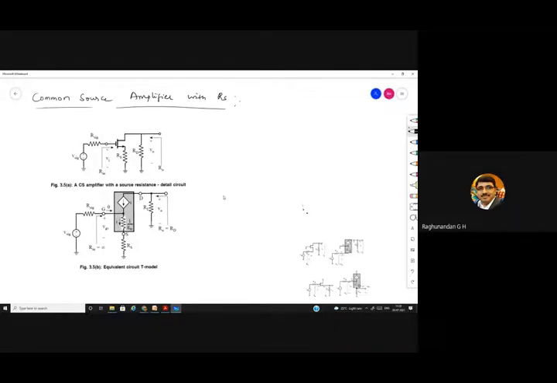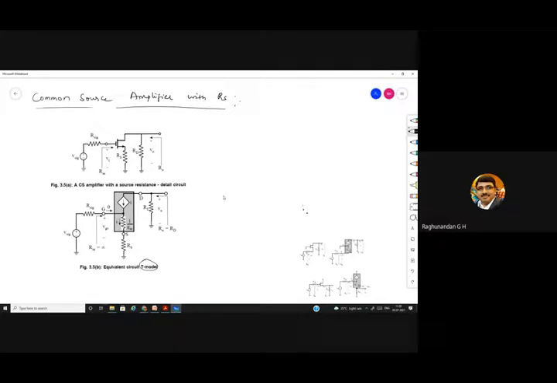When we consider the source resistance, we will be getting a circuit like this. You can see that this and this look like a T, so it is known as the T model, the equivalent circuit T model.